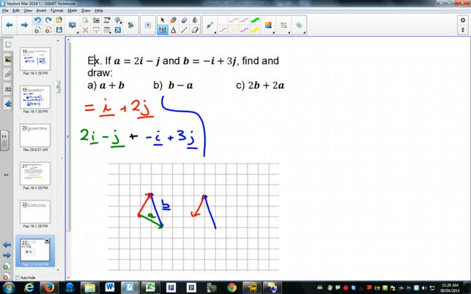This time we started here and we ended here, so we've gone 2 to the left and 1 up.